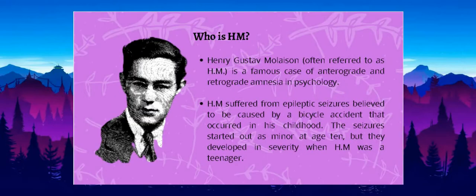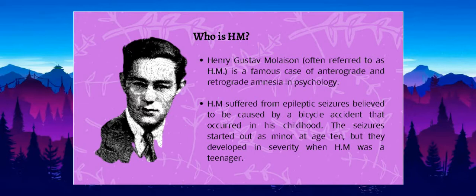Let's proceed to lesson 11.1, where the objective is to describe the specific memory tests used to assess HM's anterograde amnesia. First, we should know who HM is. Henry Gustav Molaison, often referred to as HM, is a famous case of anterograde and retrograde amnesia in psychology. HM suffered from epileptic seizures believed to be caused by a bicycle accident in his childhood.